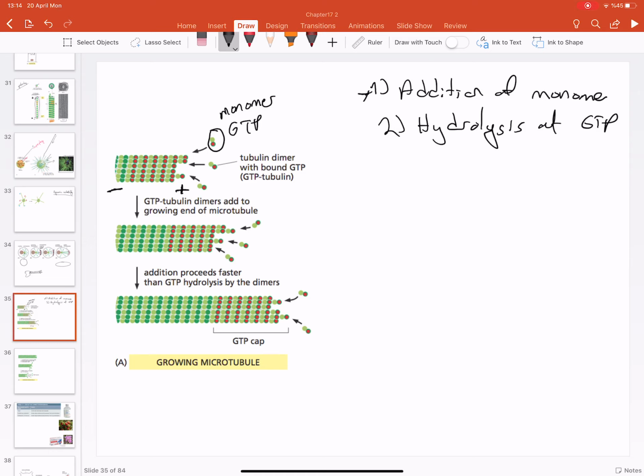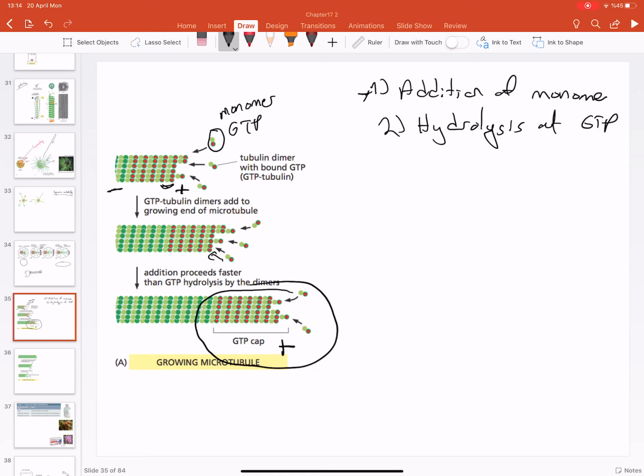Before the GTP is hydrolyzed, new monomers are added, so it is getting faster. And this increase in size is very fast. This is why at the plus end, there is a structure called the GTP cap. The GTP cap is the piece of microtubule which contains the GTP, so it is not hydrolyzed yet. Of course, this is not a stationary structure.